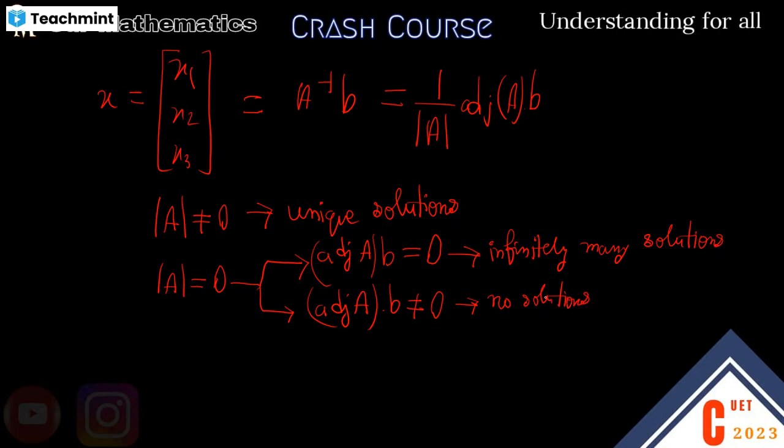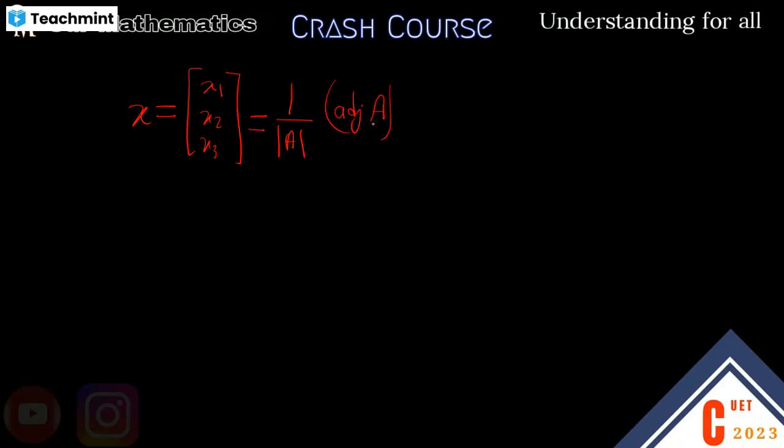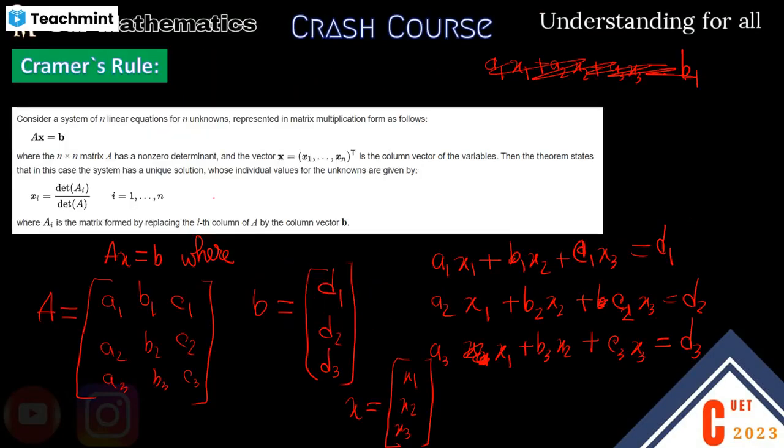Okay, this is the thing. Now we can find X, that is x1, x2, x3, either using 1 by determinant of A, adjoint of A, B, or using Cramer's rule.